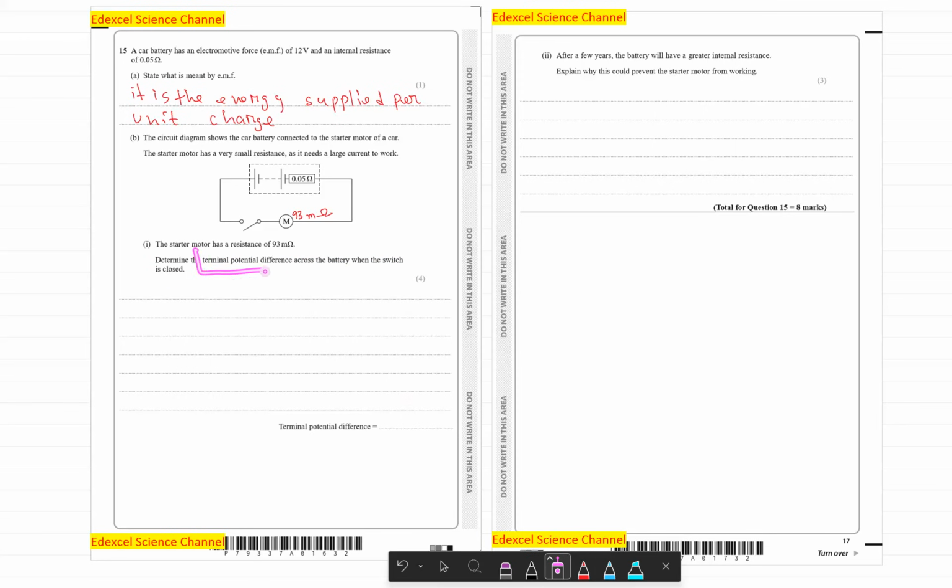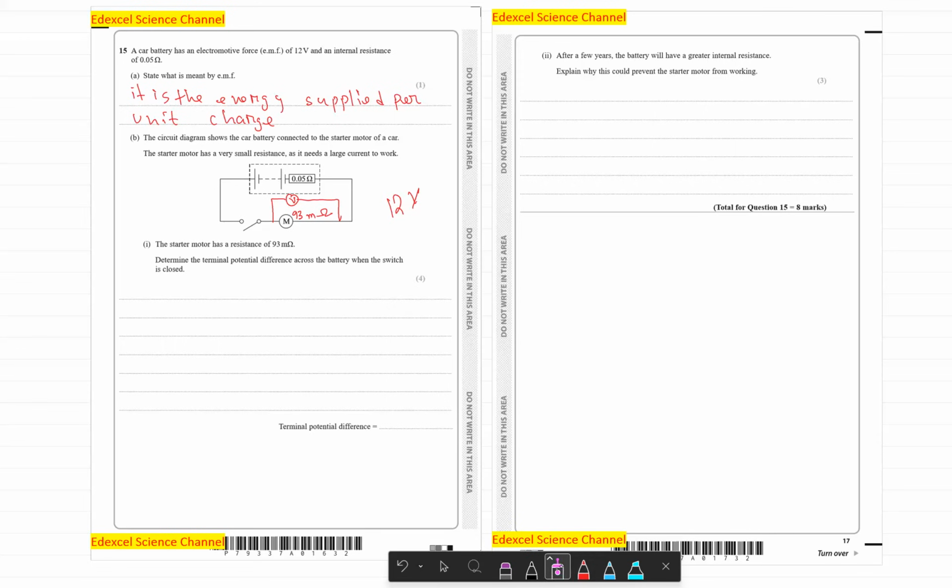So guys, what is the terminal potential difference? The voltage that is written on the battery is 12 volts. But if you use a voltmeter around this component, you will never get 12 volts.